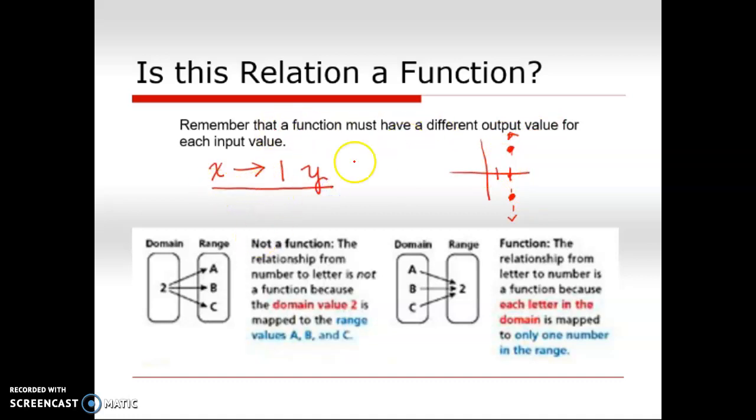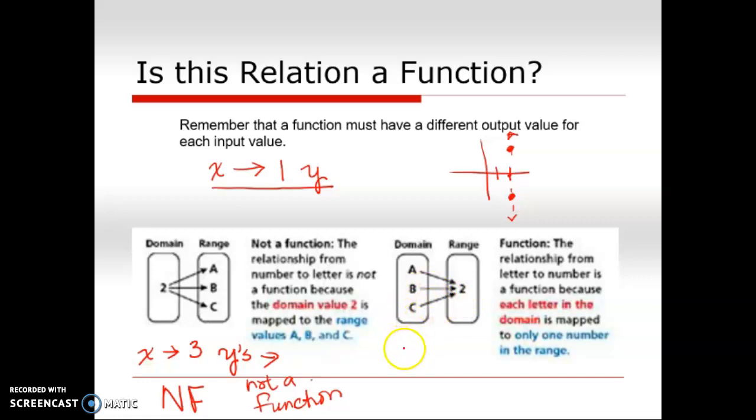That's what that means. So right here, this x goes to three different y's. X goes to three y's. It is not a function, which is usually how you write that. Not a function. Now, each of these x's only goes to one y.